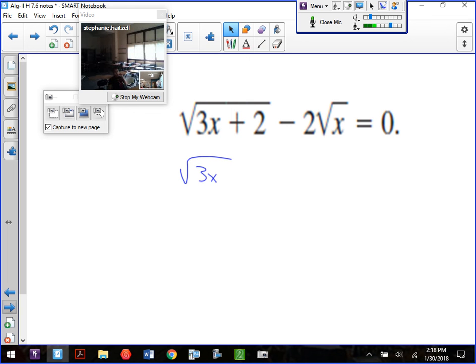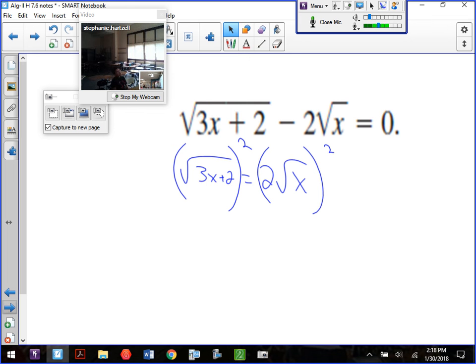Add it over first. And now I undo the square roots by doing what? Squaring. Now, we all know that the left side is square root of junk squared. It is always going to be junk.